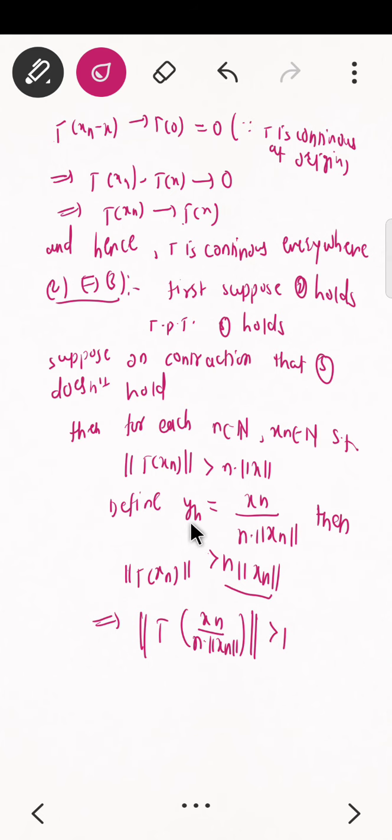This quantity is nothing but yn. So we get that norm of T of yn is strictly greater than 1 for each natural number n.